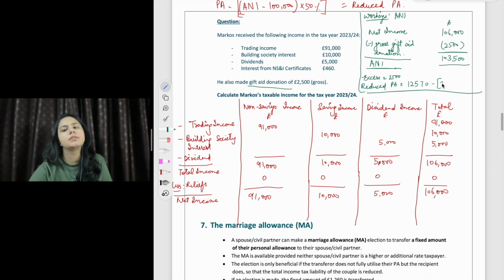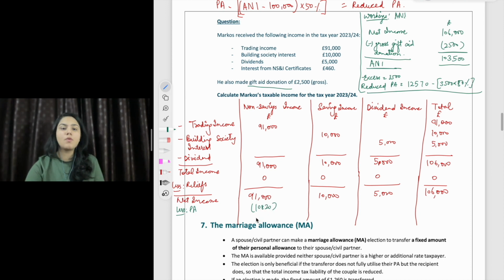So my reduced personal allowance is going to be 12,570 minus 3,500 times 50%, which gives me 10,820. My reduced personal allowance is 10,820, and as I told you, personal allowance is subtracted in the sequence of non-savings, then savings, and then dividend income.